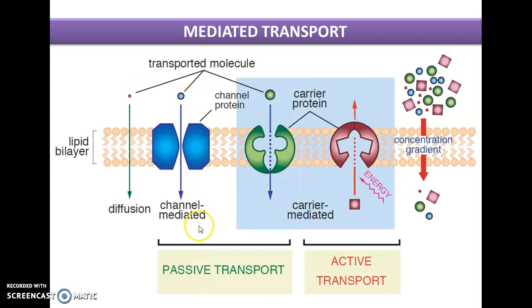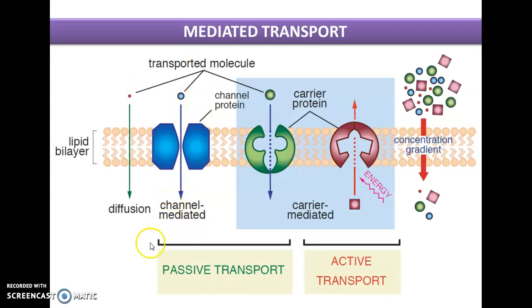Mediated transport. We have seen that the cell or plasma membrane is an effective barrier to the free diffusion of most of the molecules of biological significance. Yet it is essential that some material enter and leave the cell by the special protein called transport protein or permeases. There are two types of mediated transport.